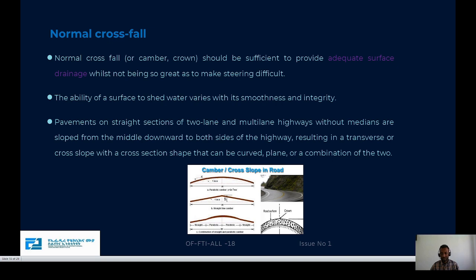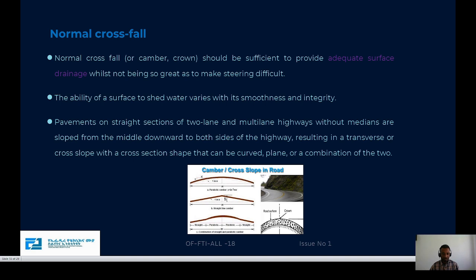It provides adequate surface drainage. Mostly the drainage is transverse, perpendicular to the center line. So the road is not flat. The elevation is a little bit higher at the middle or the median, and low at the shoulder, which facilitates surface drainage.